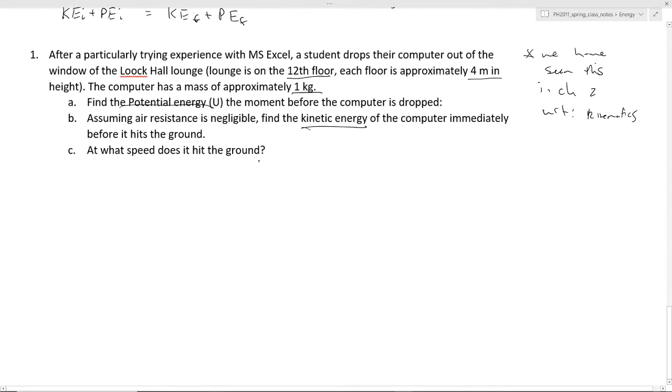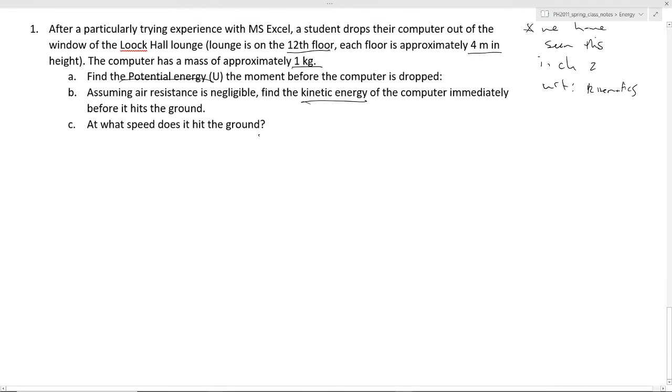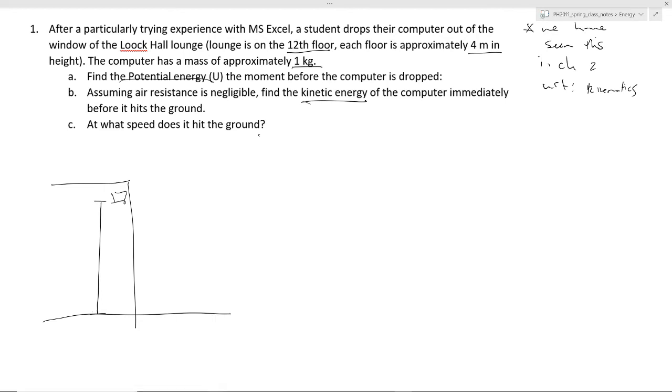So, we'll draw ourselves a little cartoon. What do we need? We need to know how high this is. This brings up an issue that I want to mention, which is in terms of potential energy, it's kind of arbitrary where you put your coordinate system.